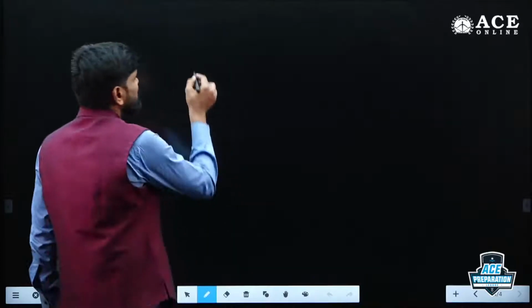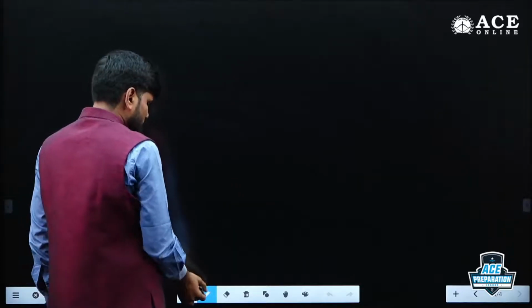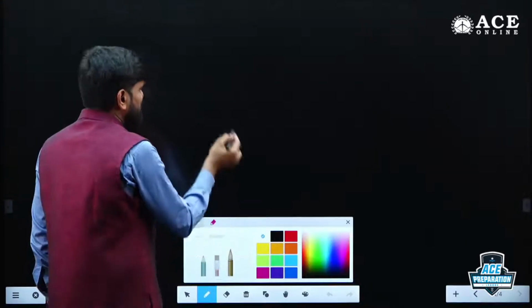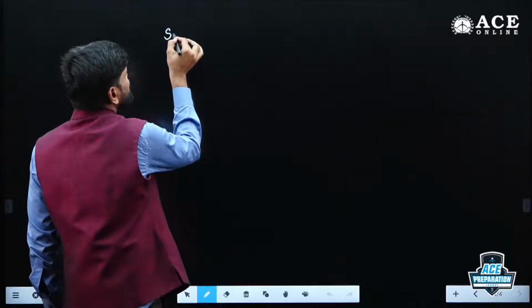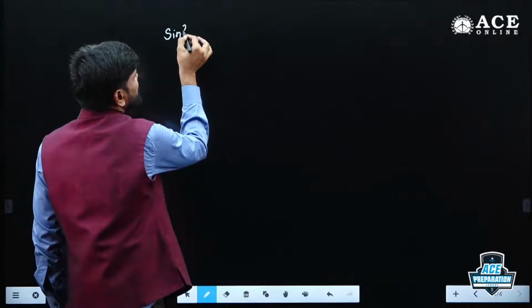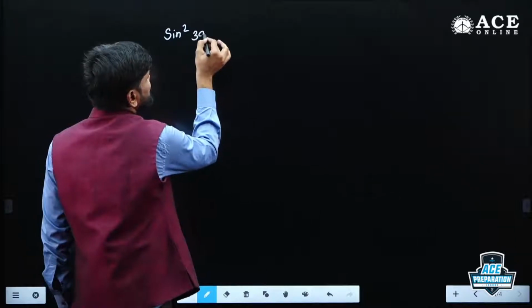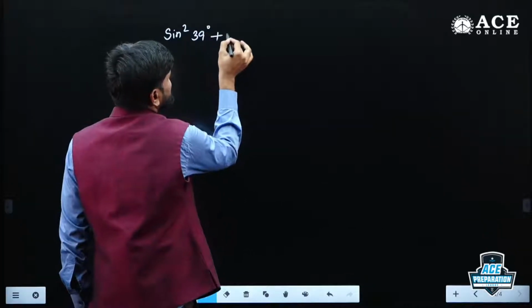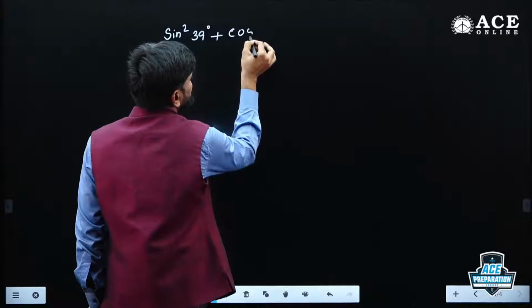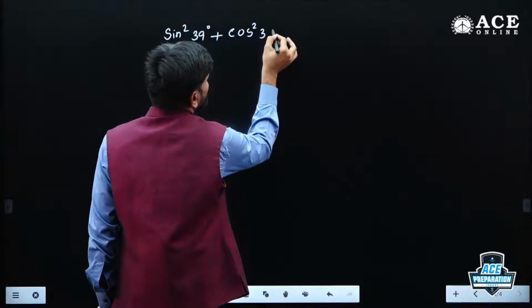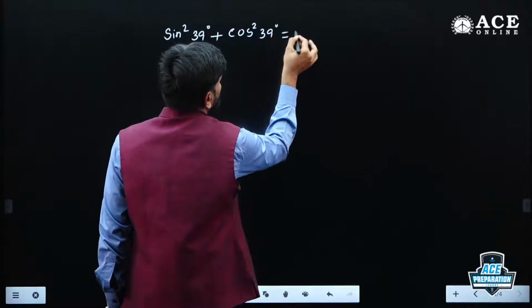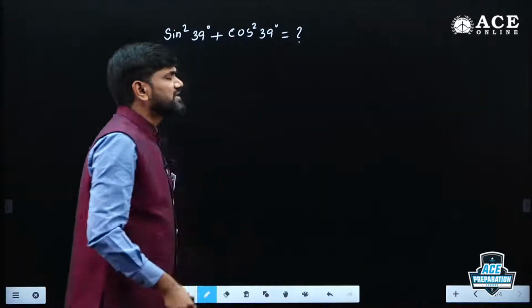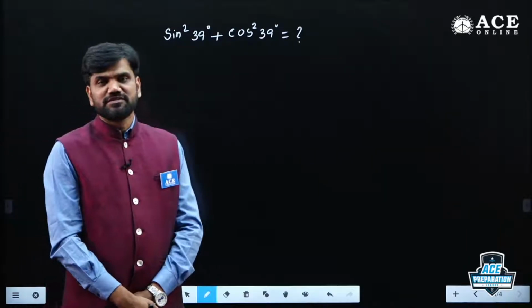So in the exam they can ask you, in SSC we have already seen questions of this kind. They will simply ask you what is sin square 39 degrees plus cos square 39 degrees equal to? That is how they will give the question.